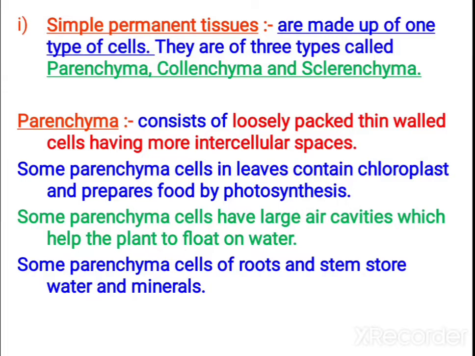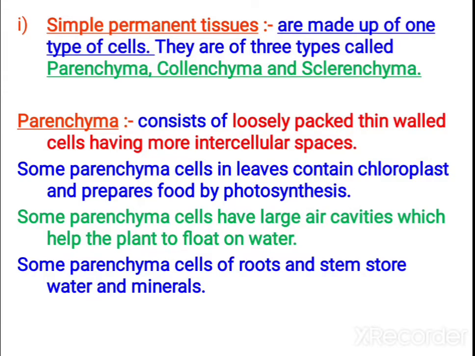Then the other type of parenchyma cells have air cavities. You can see them in aquatic plants, where they help the plant to float on water. Some more types of parenchyma cells are present in roots and stems, and they store water and minerals. Like that, parenchyma cells have various types.